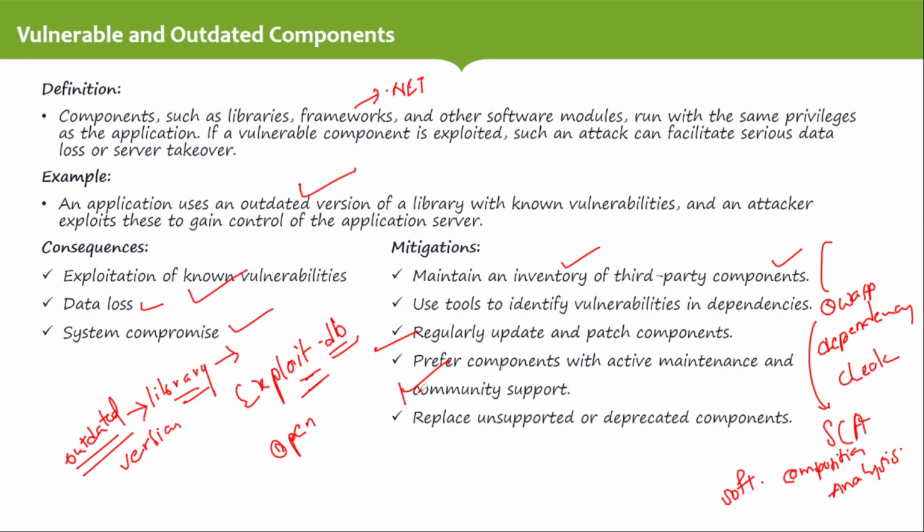So instead of using open source much, we can use commercial components, where we can have community support. Then replace unsupported or deprecated components. We need to replace the outdated or deprecated components in the application. So this is all about vulnerable and outdated components.